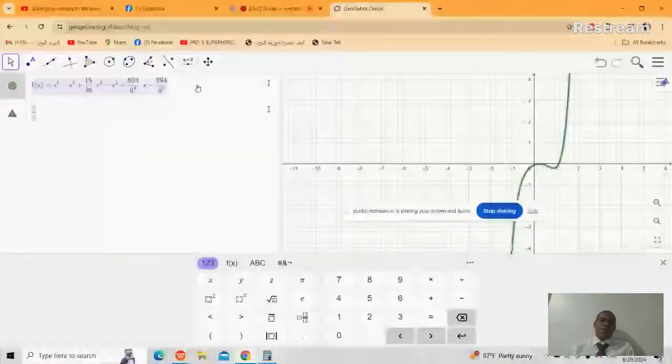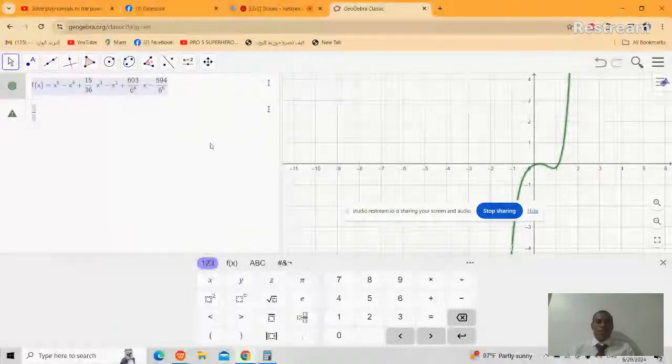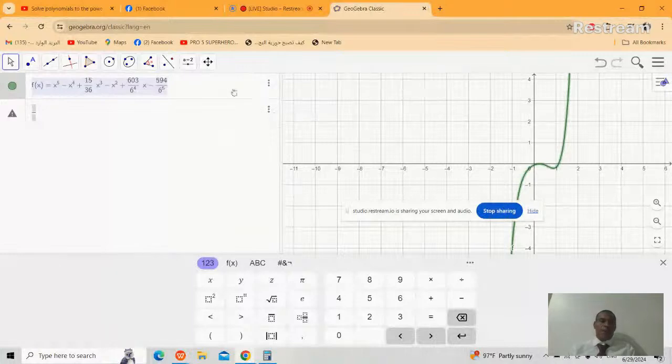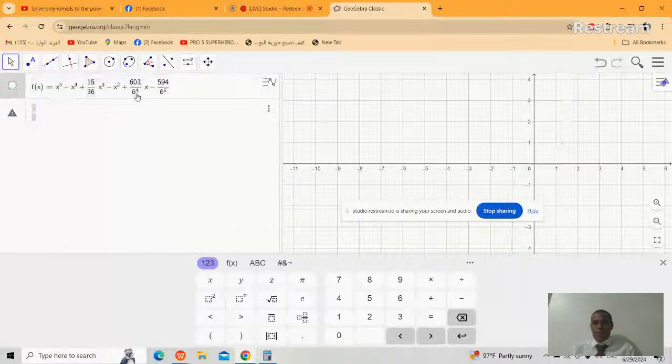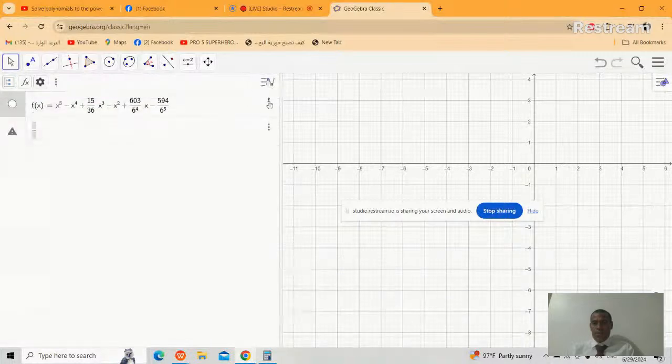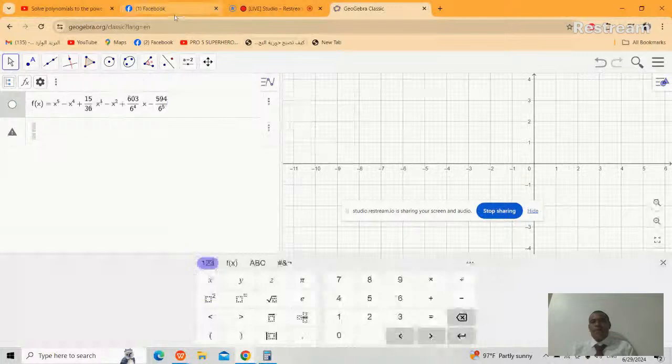He used the approximation method, the Newton method, but he can't solve. Sorry, he can't solve this one.